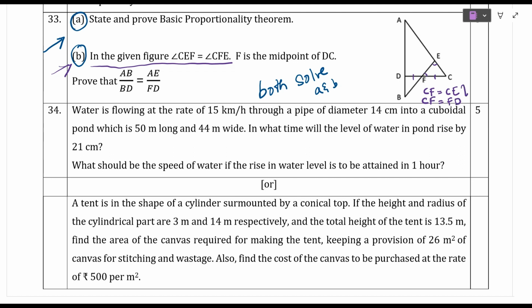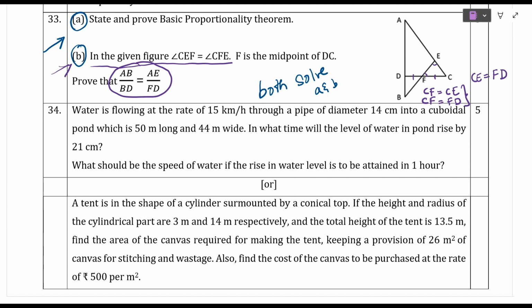So from these two, what we can conclude students? LHS are equal. So CE is equal to FD. Understood? CE is equal to FD. So this is the clue given here in our question. Now we are going to prove AB by BD is equal to AE by FD.